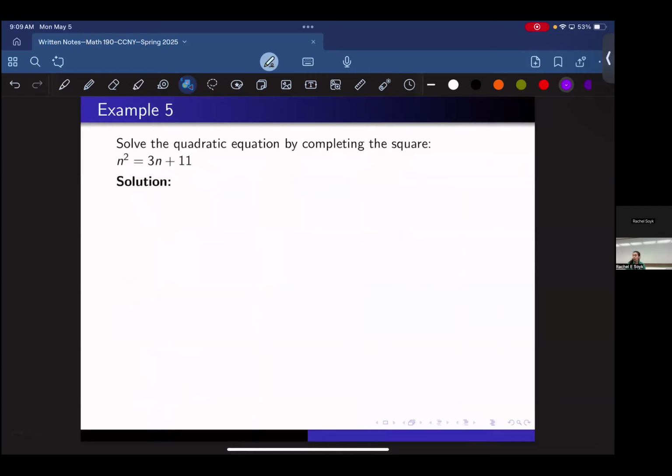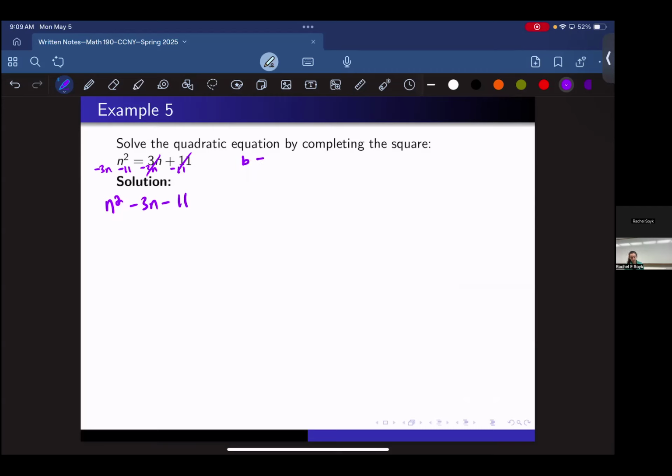Let's try another example, but this time let's go a little faster. We want to make sure that the quadratic is all on one side. So we're going to subtract 3n from both sides, and we're going to subtract 11 from both sides. So we're looking at n squared minus 3n minus 11.